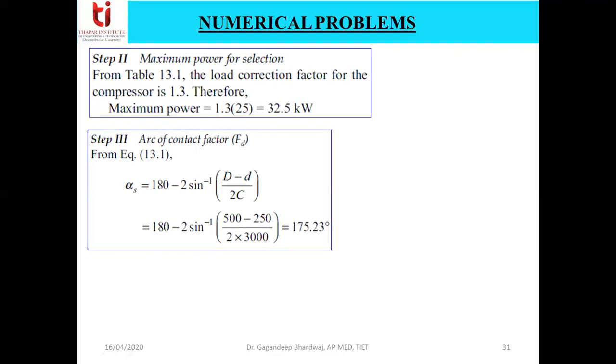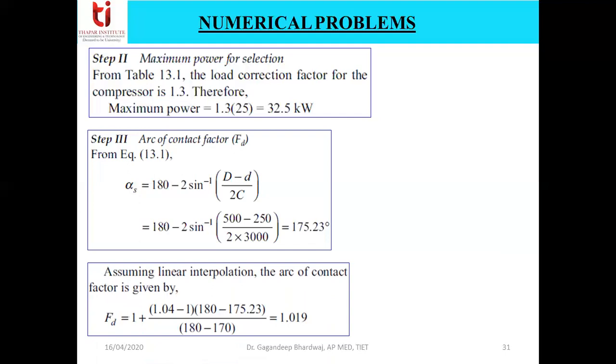Then you will calculate the arc of contact factor. In order to calculate it, first of all, you will calculate the wrap angle on the smaller pulley. This expression is used to calculate the angle for the smaller pulley. This comes out to be about 175 degrees. But in the table given for the arc of contact factor, that is FD, one value of FD is given for 120, 130, 140, 150, 160, 170, 180.